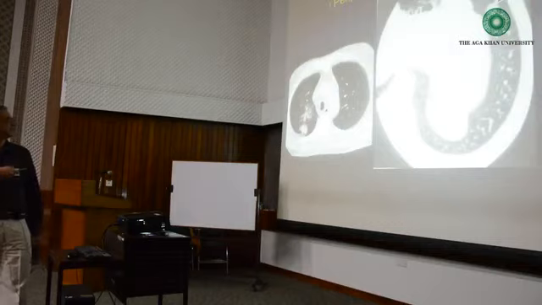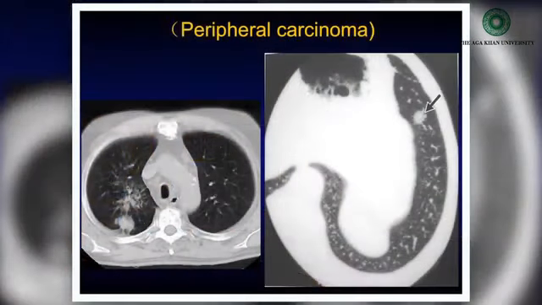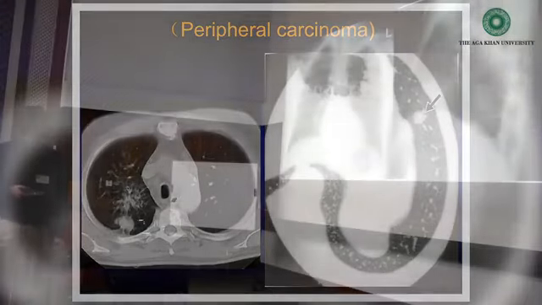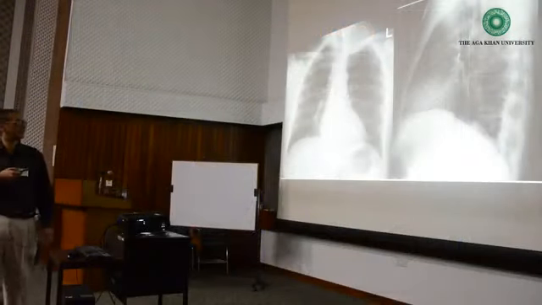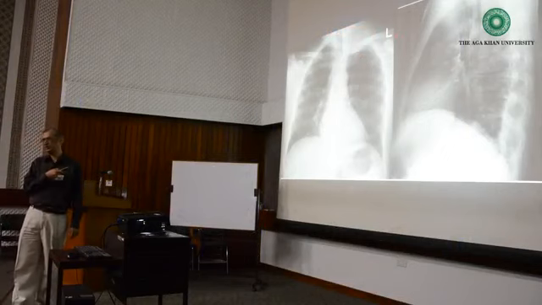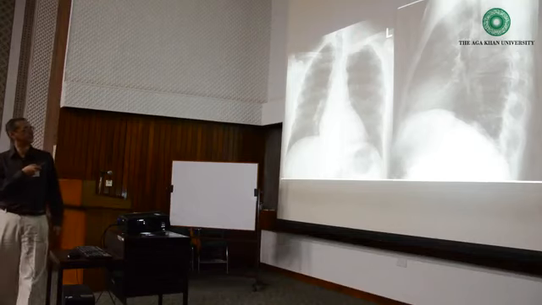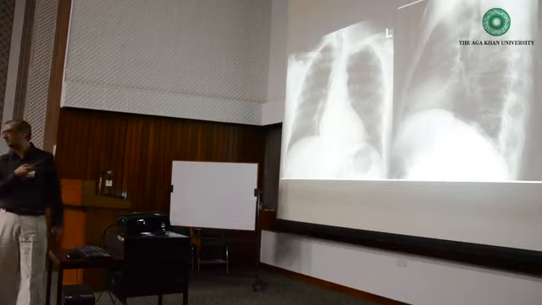So you can see there are peripheral carcinomas like these. And there is a particular type of carcinoma which has a tendency to destroy the skeleton. Can you see the ribs are missing here? Compare this side with this and you see the first two ribs have been eroded.